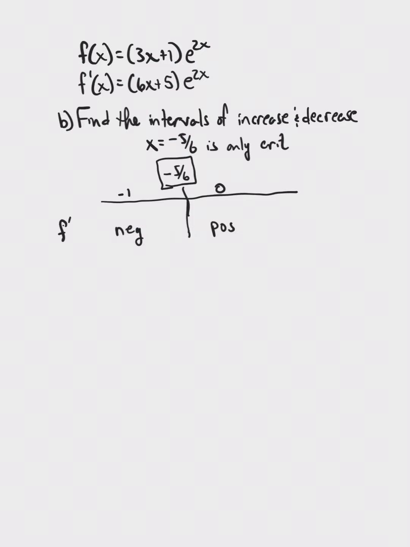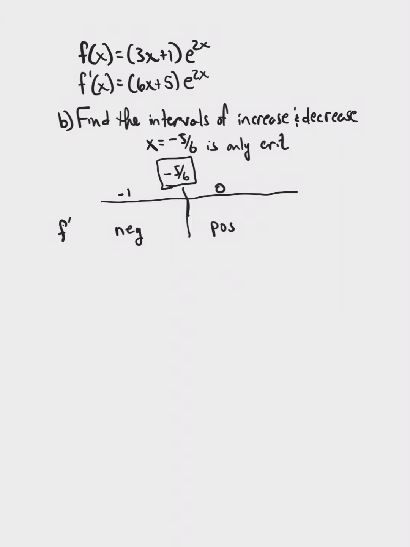Now, you can take advantage of knowing extra information you don't need to. What I actually did is I just plugged negative 5/6 into this. And that's the reason how I did that so quickly. Because I know e to the 2x is always positive. All right. But that requires knowing some extra stuff. So if you know some extra stuff, feel free to take advantage of it, but you don't necessarily need to.